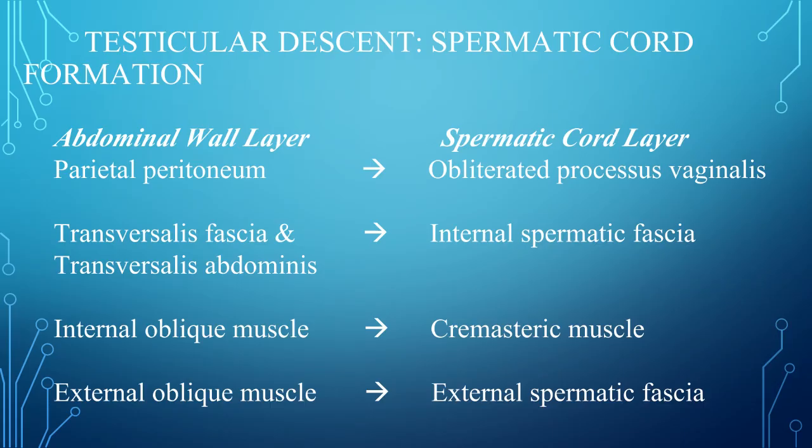The internal oblique muscle gives rise to the cremasteric muscle fibers, which are encountered during hernia dissection of the cord. Finally, the external oblique aponeurosis provides the external spermatic fascia, the most superficial cord covering. When we perform hernia surgery, we dissect these coverings to identify the hernia sac. Understanding the layers of the cord helps avoid injury to cord structures.